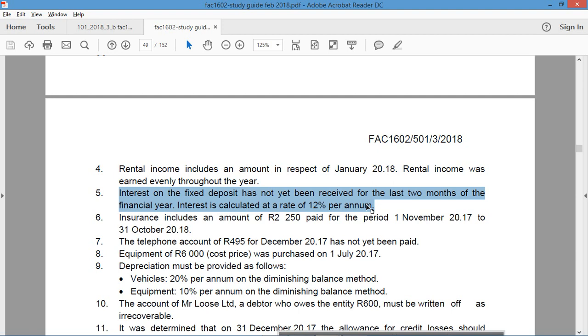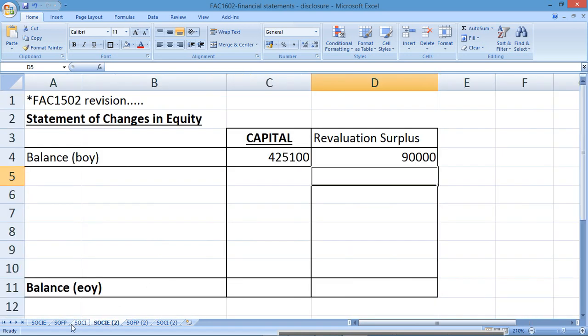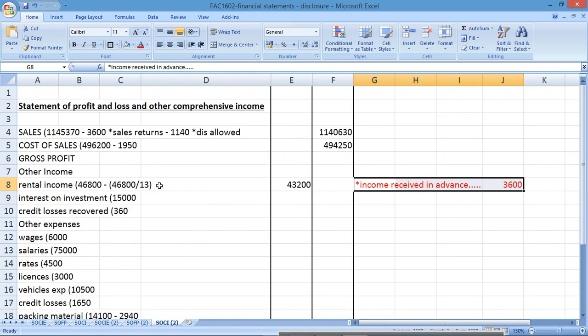Whatever your fixed deposit amount is, times 12%, times 2 divided by 12. Yes, I'm happy with that working. So you've got the right answer. That would have been part of your working figure for the calculation for the disclosure. So where's interest on investment?